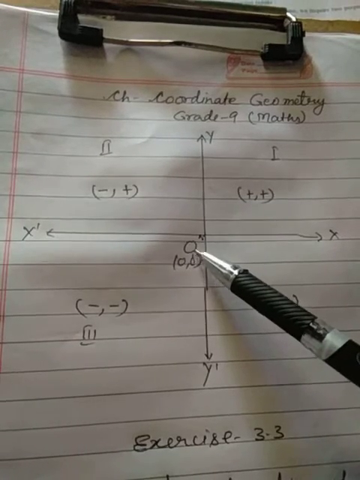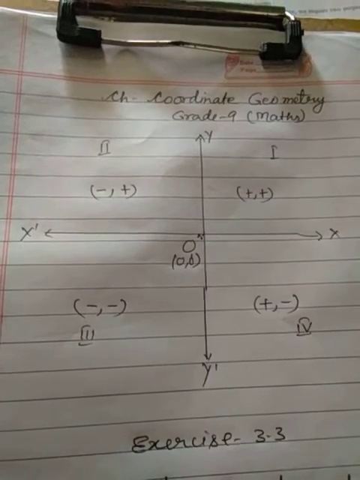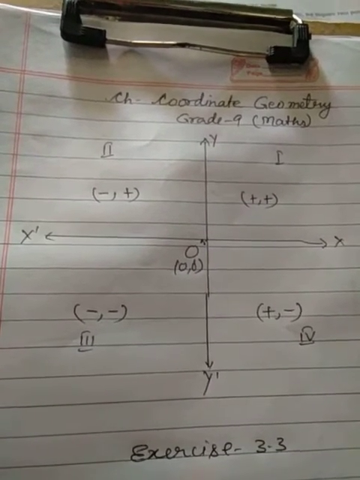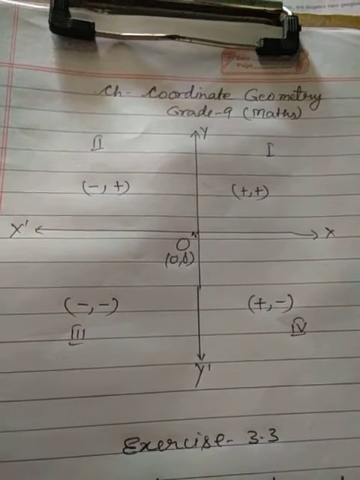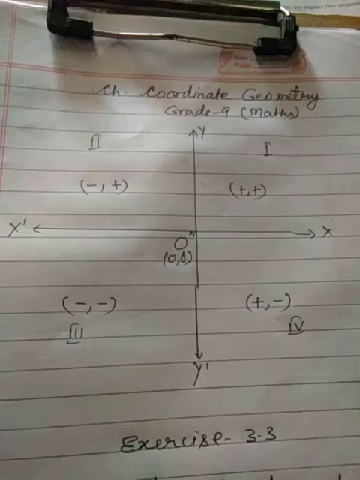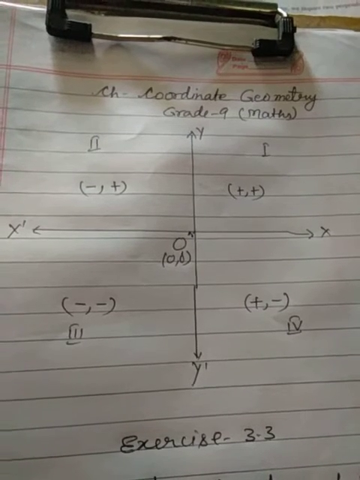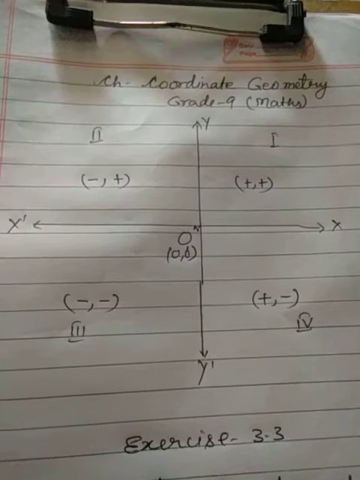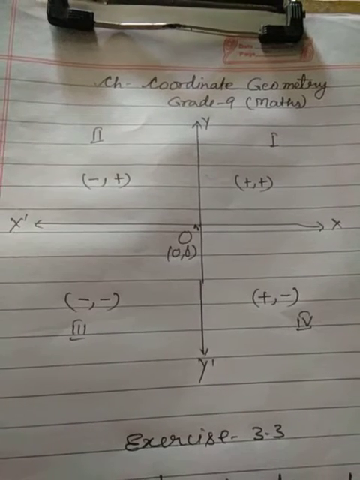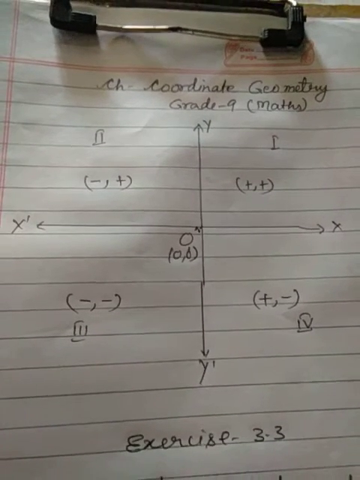This is O, and this point O is known as the origin, and all the points which will be located by us will depend upon the origin. Depends upon the origin means the location of the point is relative to the origin. Coordinate of the origin is always taken as 0 comma 0.